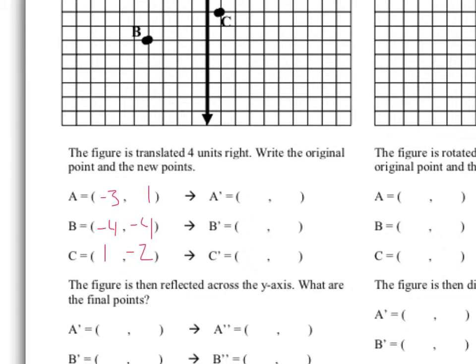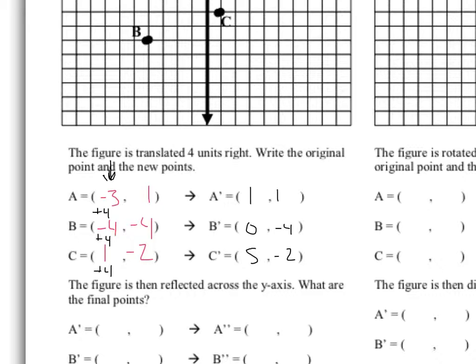Yes, add 4, because moving to the right is in the positive direction. So we're adding 4 to all of our x values: 1, 0, and 5, with y values -1, -4, -2.